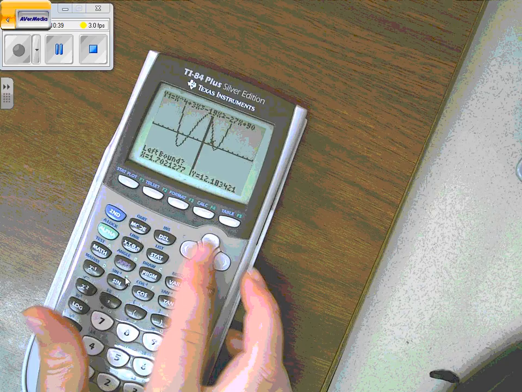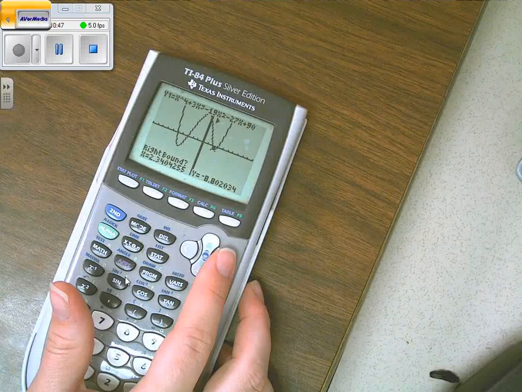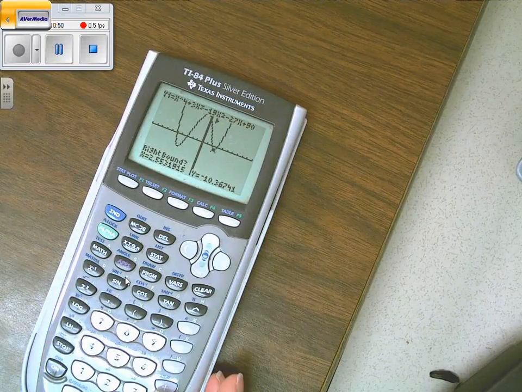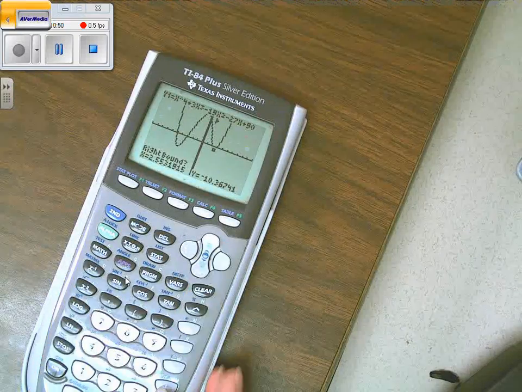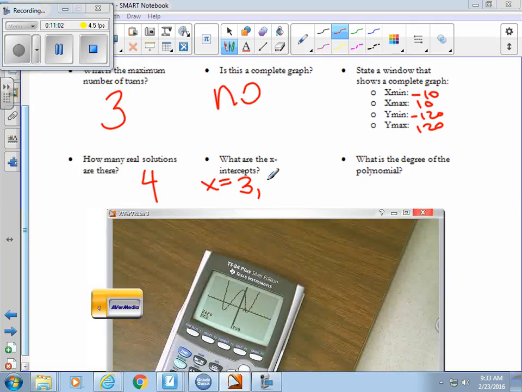You see how it says left bound question mark? So you go to the left of the 0 and you push enter. And then you go to the right of the 0 and push enter. Don't go so far right that you go past the next one, because then you don't know which one it'll give you. Push enter again, and you get 2. So those are the options for finding x-intercepts in my calculator.